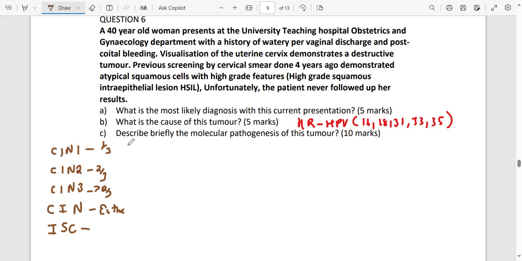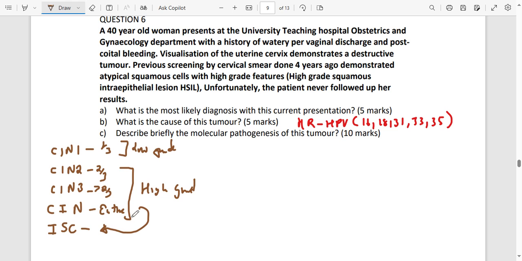And this first one, CIN1, is known as low grade, meaning it is less likely to cause cancer later in life. But the rest here are known as high grade, because they have a high chance of resulting in invasive squamous cell carcinoma.